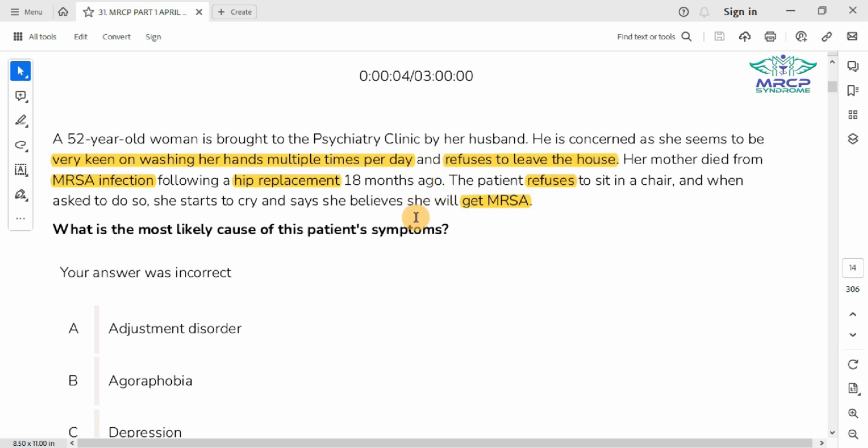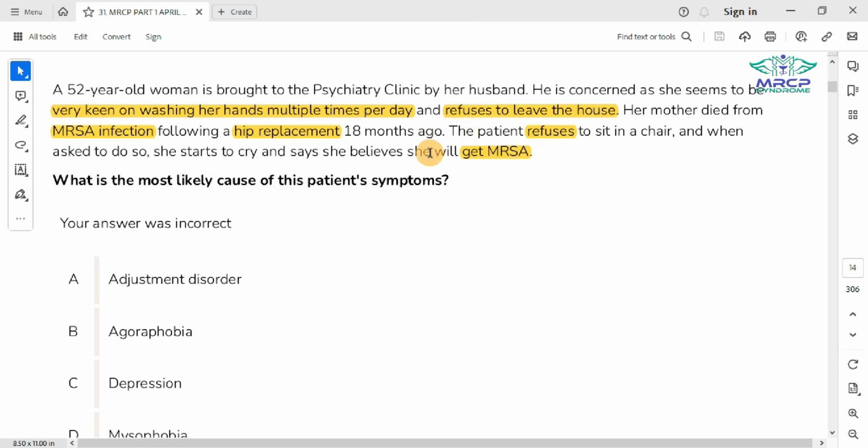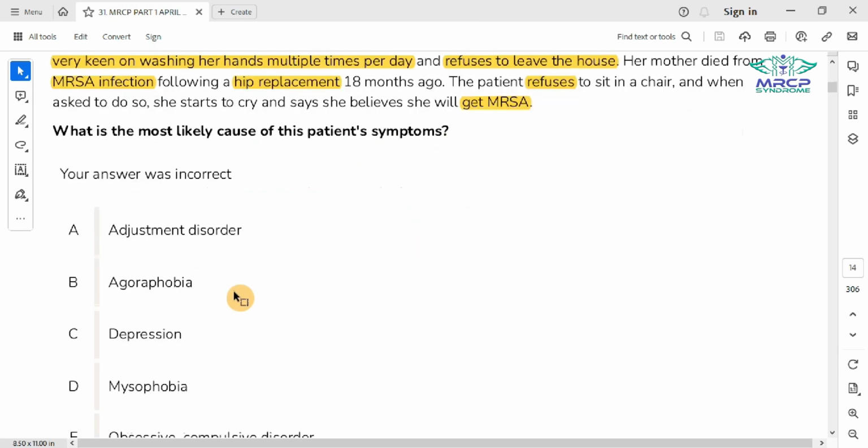In this case, the patient has excessive hand washing and refusal to sit on a chair due to fear of contracting MRSA following her mother's death from MRSA. This strongly suggests the fear of specific contamination, MRSA. So this is consistent with mysophobia, which is an intense or irrational fear of specific germs.